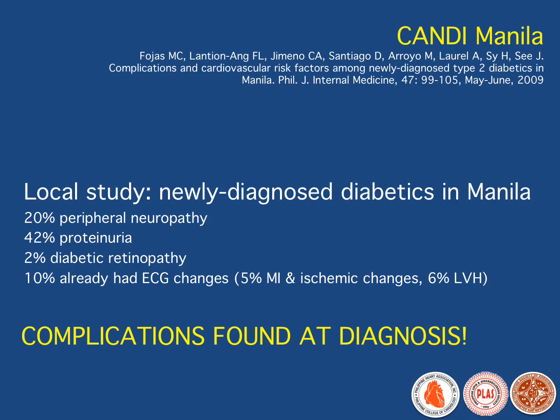So by the time we are diagnosing them with diabetes, it might already be too late. Therefore, if you find someone who has diabetes, even without baseline laboratory tests or a lipid profile, give them statins.